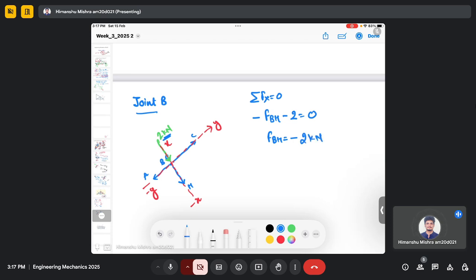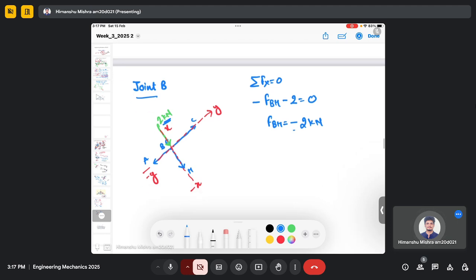It is equal to minus 2 kilonewton. Minus indicates that the sign we have considered in this member should be opposite. So it should be like this, going towards the joint, which makes this force compressive.